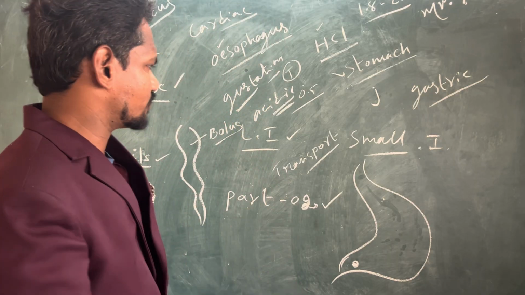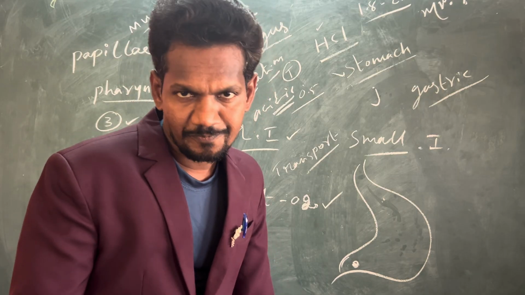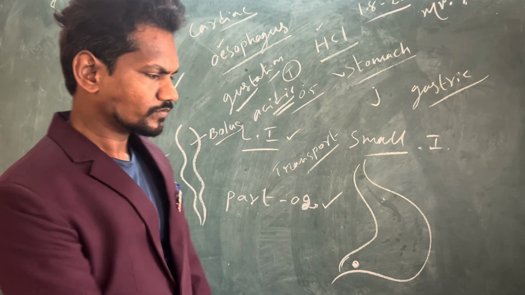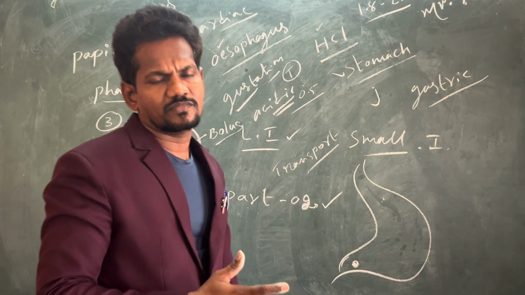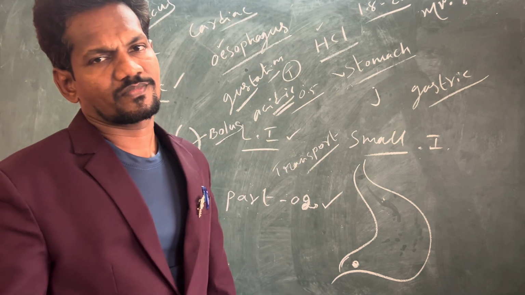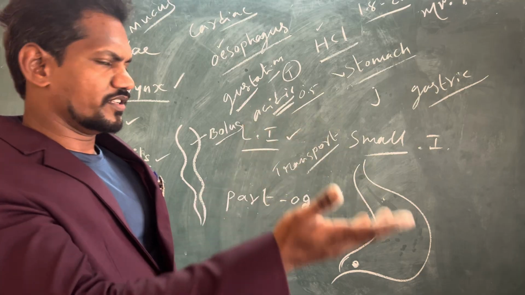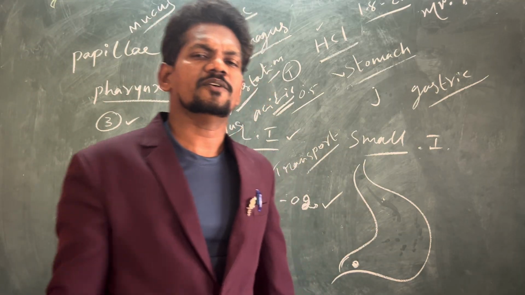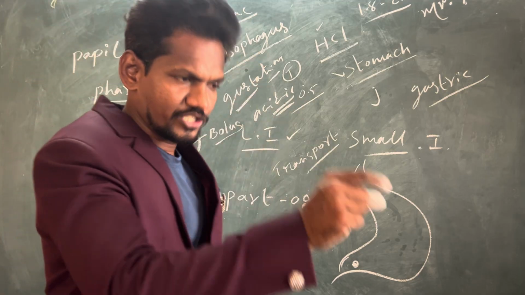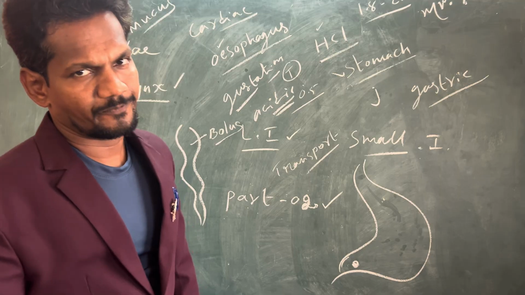So this is about the small intestine. The lengthiest part, around 7 meters. The small intestine is again subdivided into 3 subregions: first duodenum, second jejunum, third ileum.